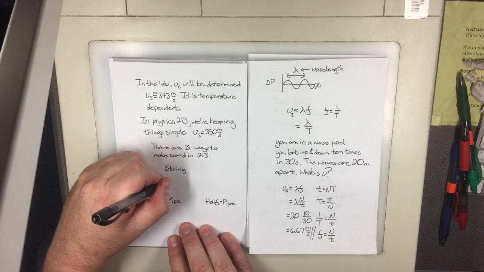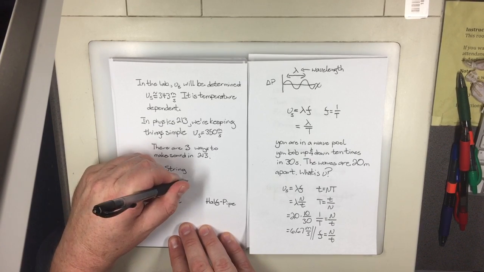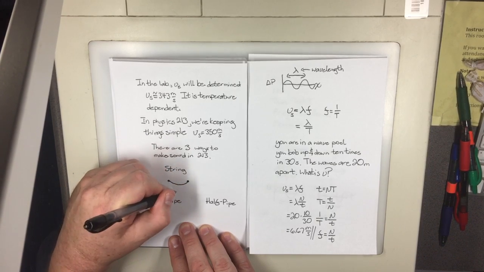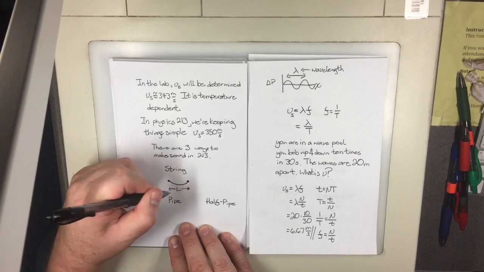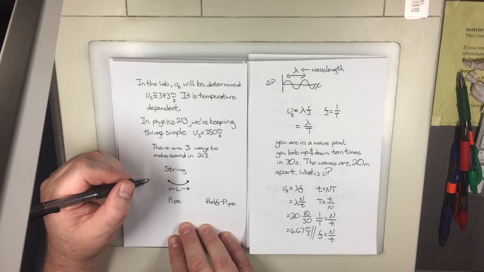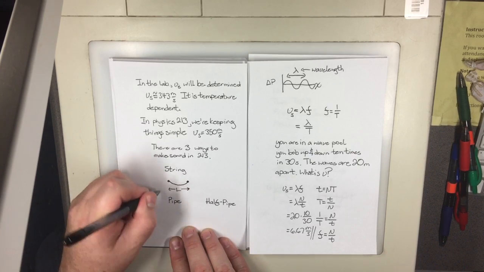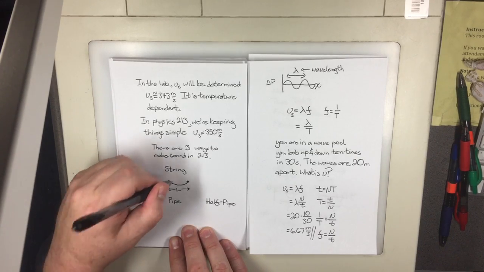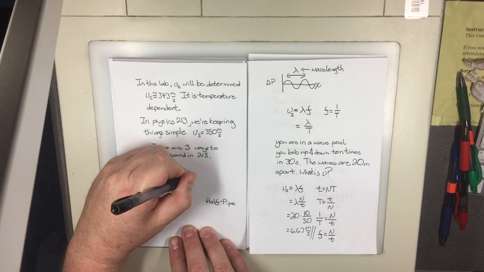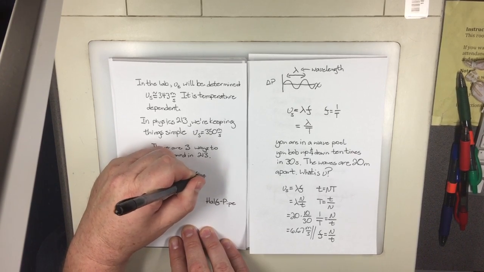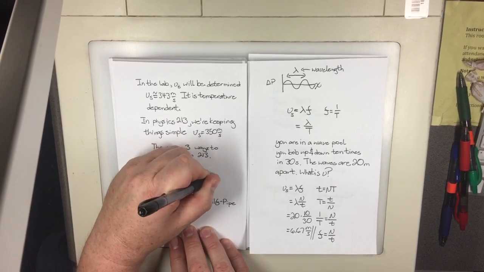A string has a length L, capital L. These two are fixed points.